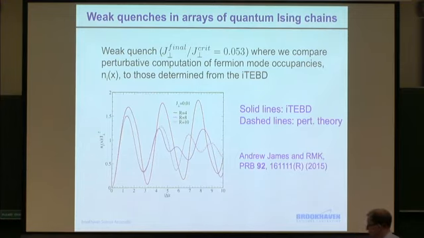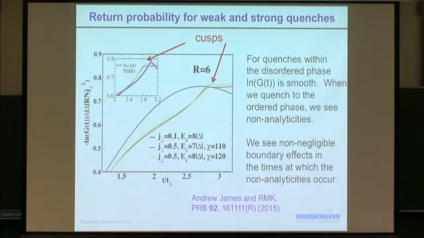Okay, so for weak quenches, where we quench into the same phase, the ITEBD seems to be working. Now let's quench through the critical point, and ask what the return probability gives us. This black line here is still in the disordered phase, and you see that the log of the return probability is completely smooth.